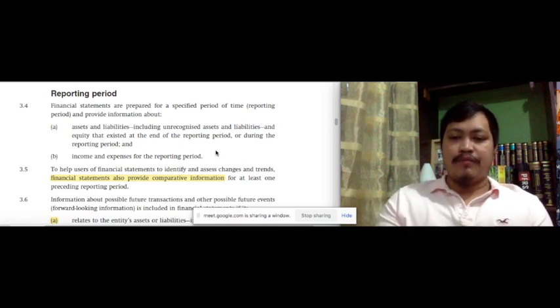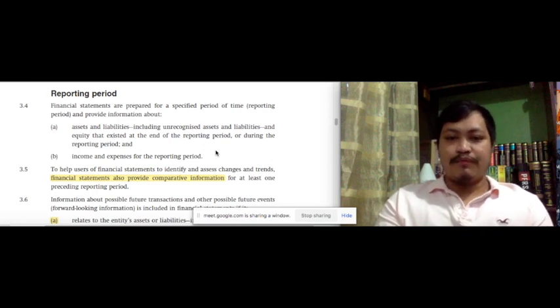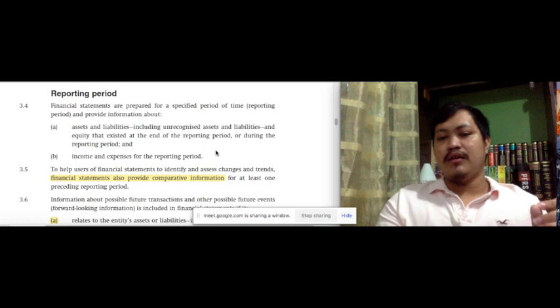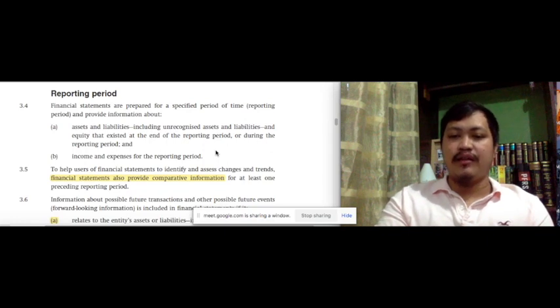Okay, we expect the life of the reporting entity to be infinite. Okay, but for us to be able to provide timely information, we have to split this into multiple reporting periods. So even if the number of years that will serve as the life of the reporting entity is expected to be at infinity, class, we cannot just wait for the end of the reporting entity to provide financial reports.